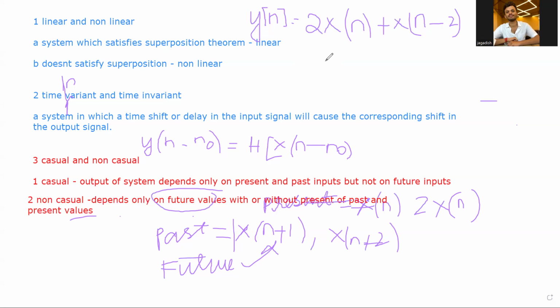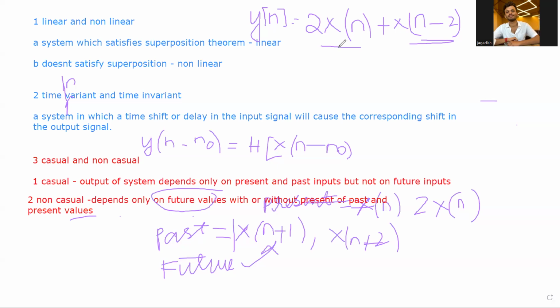What values can I see? I can see present and past. Can I see any future values in the signal? Dilip, is there any future value in this? No sir.